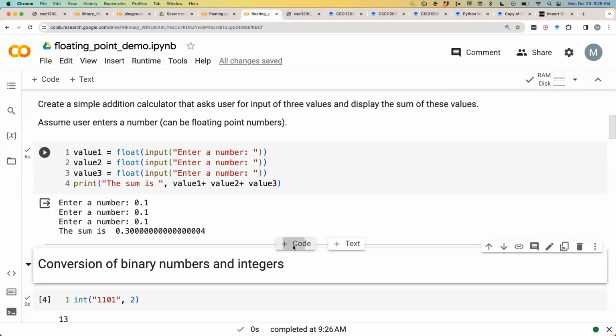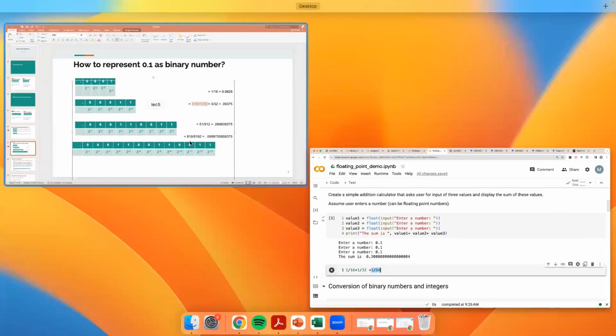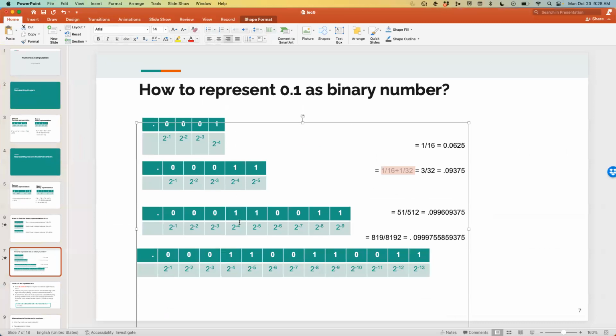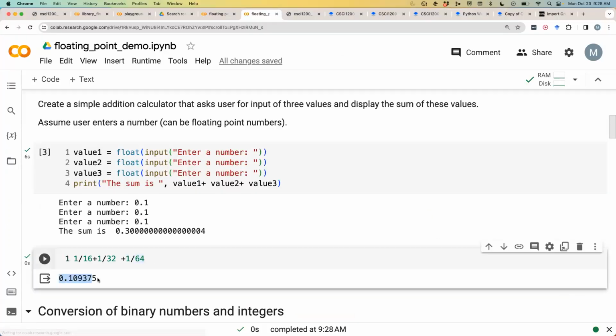So I just give you a calculation here. So if I have 1 over 16 plus 1 over 32 plus 1 over 64, 1 over 64 corresponds to 2 to the power minus 6. Okay, so what do we get here? We get 0.109375.